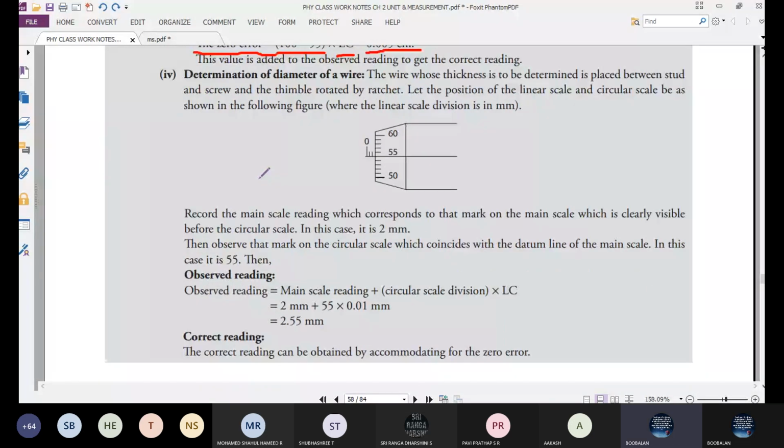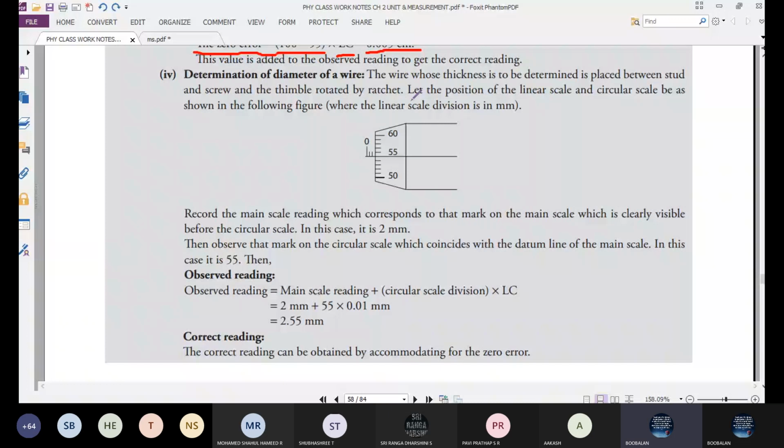Here, this is one small question for understanding purpose. The wire whose thickness is to be determined is placed between the screw and the stud, and the screw is rotated by the thread. Let the positions of the linear scale and the circular scale be as shown in the figure.